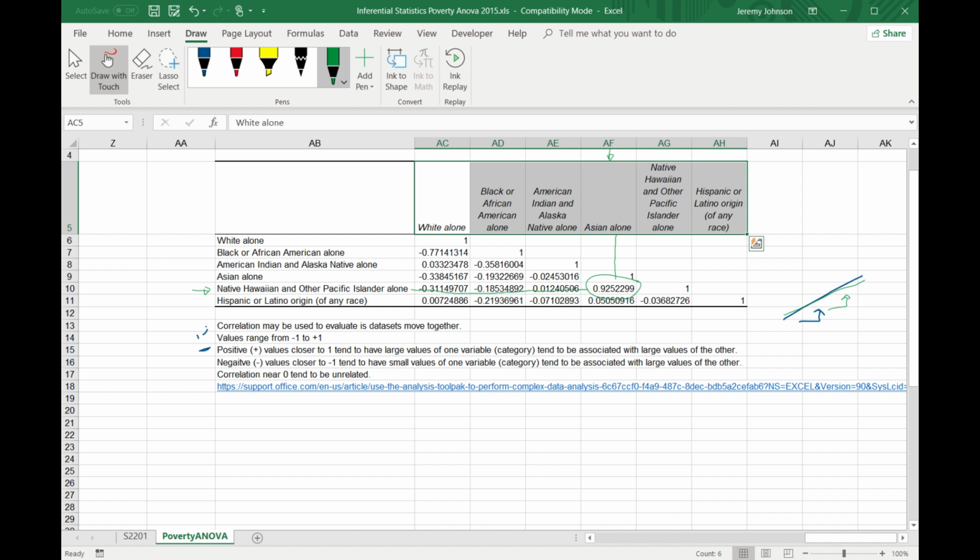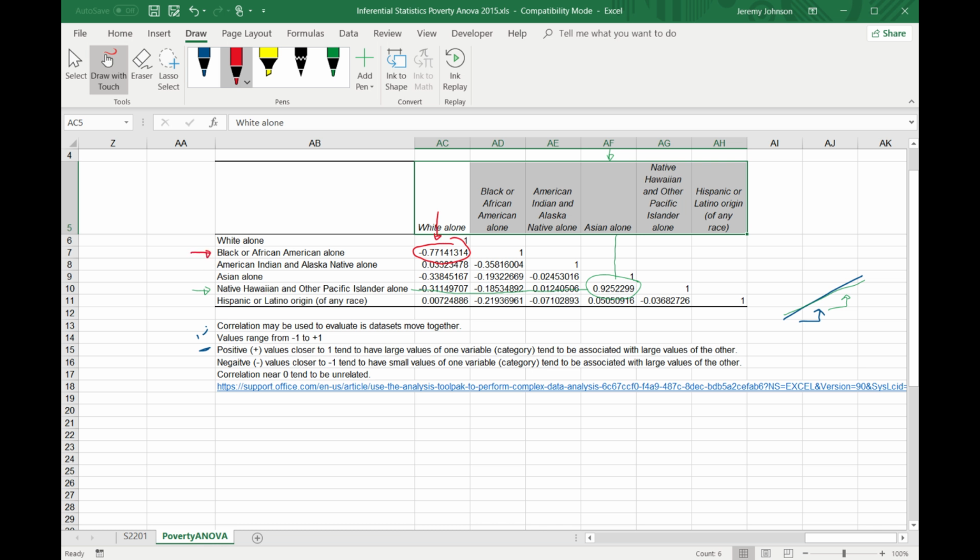Now the opposite goes for negative, right? So we see a large, well, large perhaps seems like the wrong word here, but we're seeing this comparison of white and black, right?